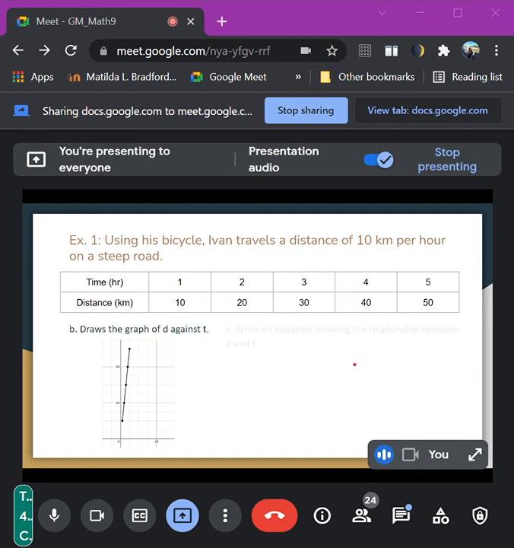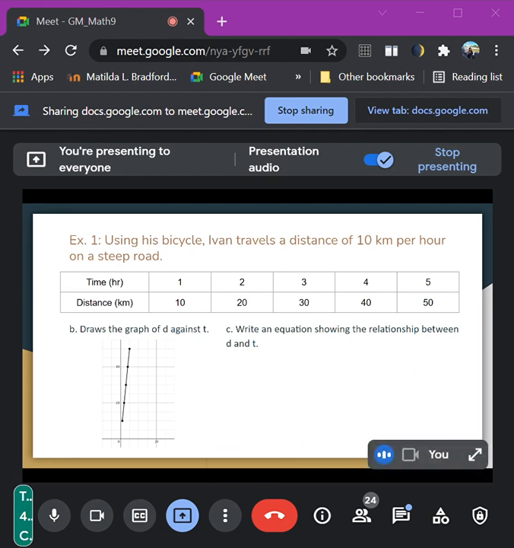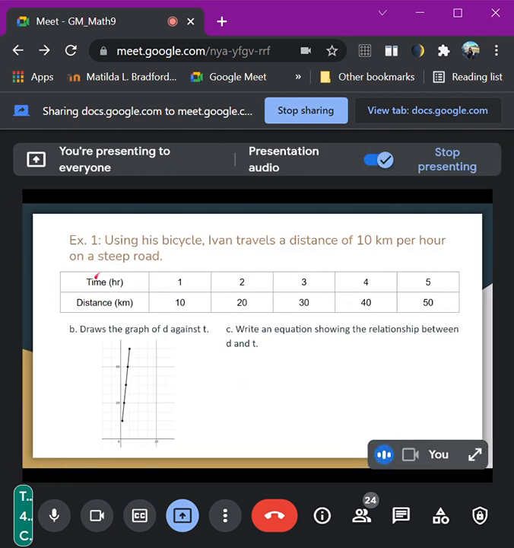Okay? Now, for letter C, class, we're going to write an equation showing the relationship ang time x. Ang time kay x na siya, yes. This is your x and then this is your y, ang distance. Okay. Now, you have there, write an equation showing the relationship between D and T. Now, this time we're going to write already the equation.